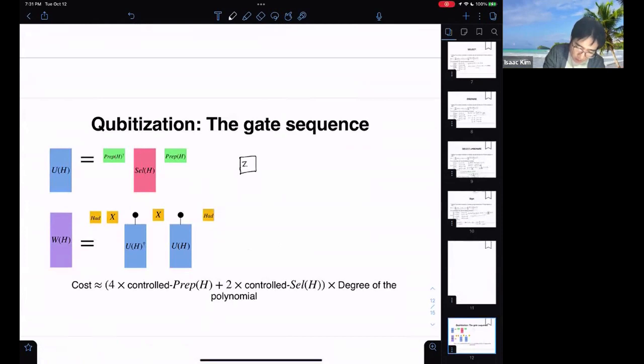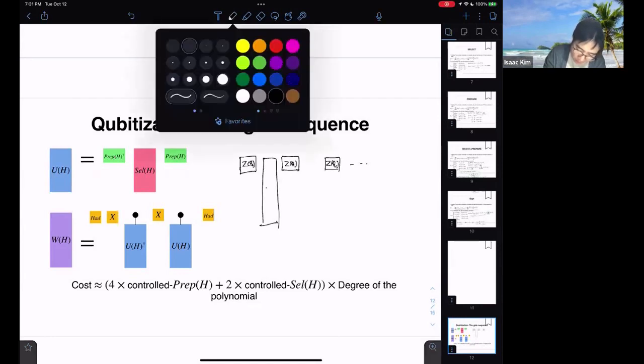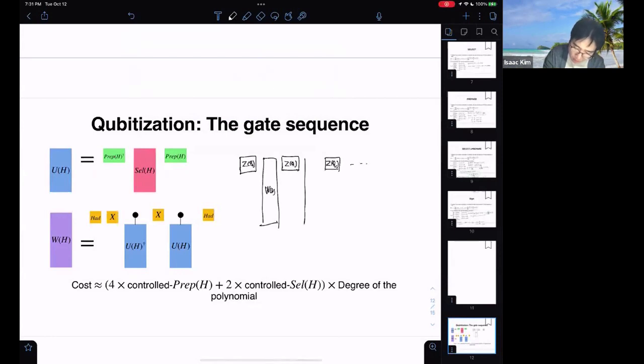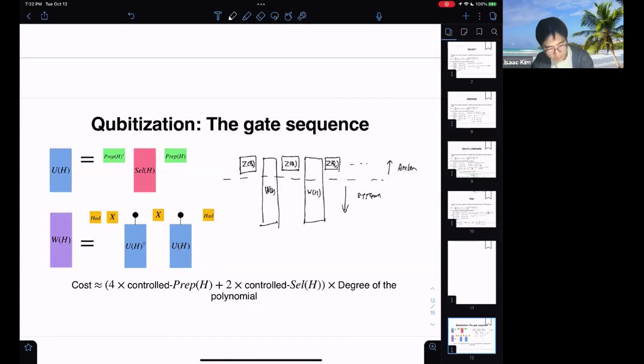In the grand scheme of things, we have things like Z phi 0, Z phi 1, Z phi 2, and in between, you're interleaving this W of H. This upper part acts on the ancilla, and this lower part is the part that acts on the system.